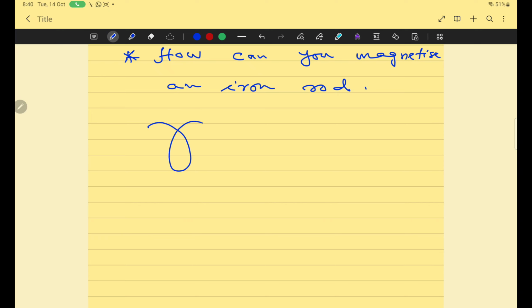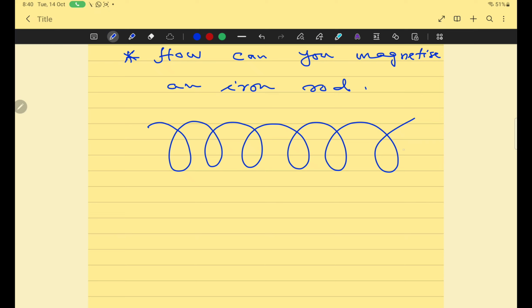Consider this is a solenoid. Consider here is a north pole and here is a south pole. And I have inserted an iron rod inside the core of the solenoid. The region inside the solenoid is called the core.